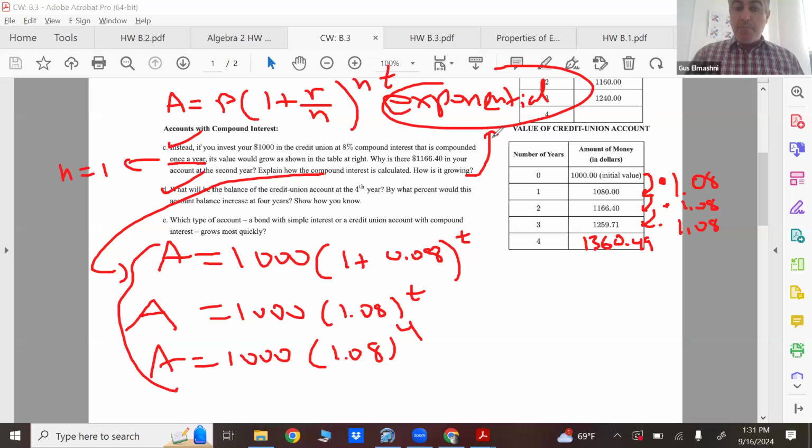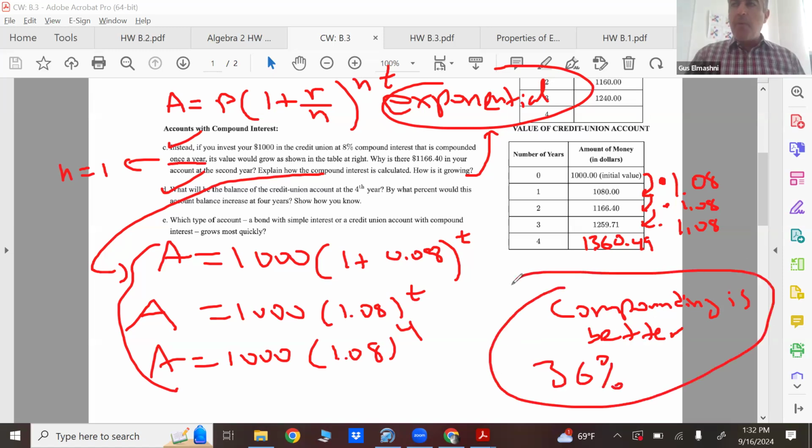So which type is better? Definitely compounding is better. And it's 36%. By the way, credit cards, same thing. So that's why credit cards compound interest, because they want to make money off of you.